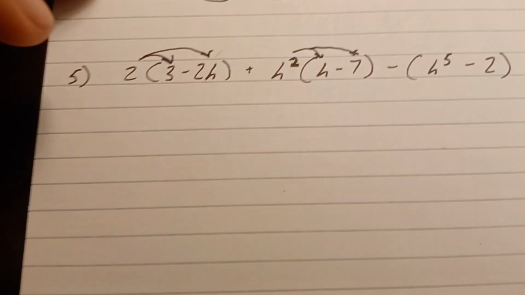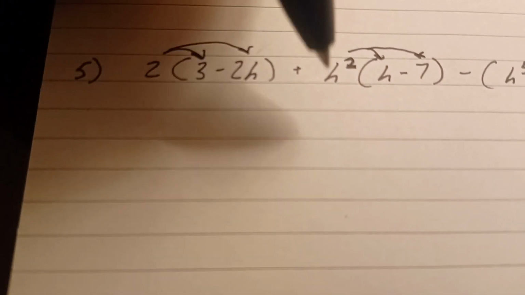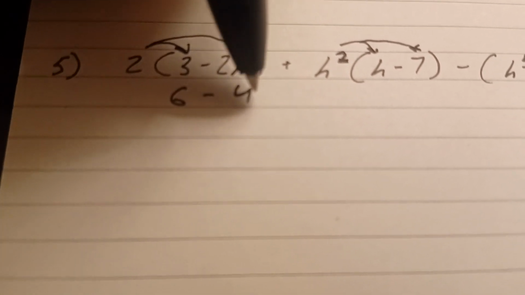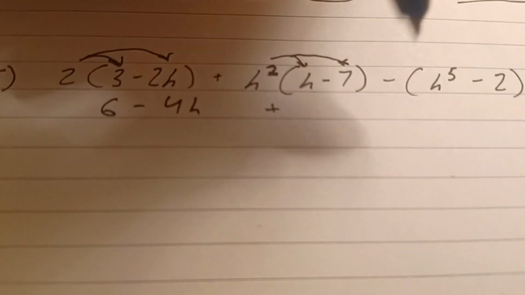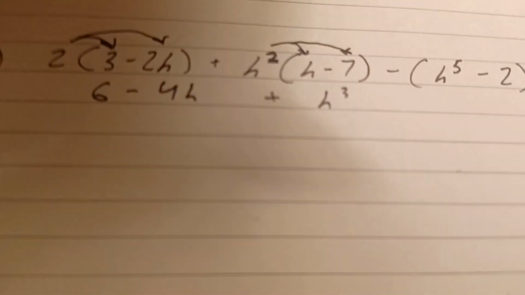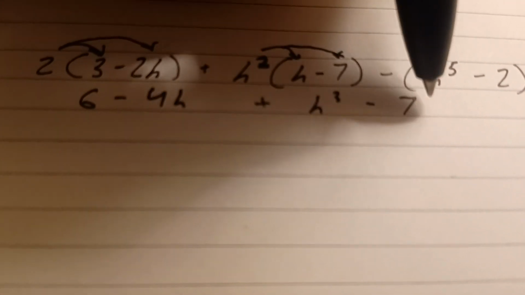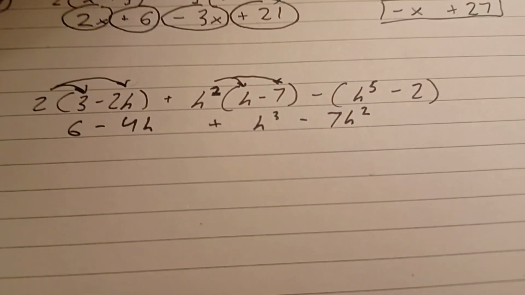You get the idea. All right, so 2 times 3, that is going to be 6 minus 4h. 6 minus 4h plus 8h to the third power minus 7h squared, right?